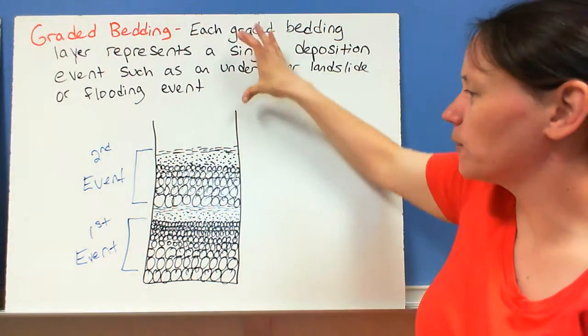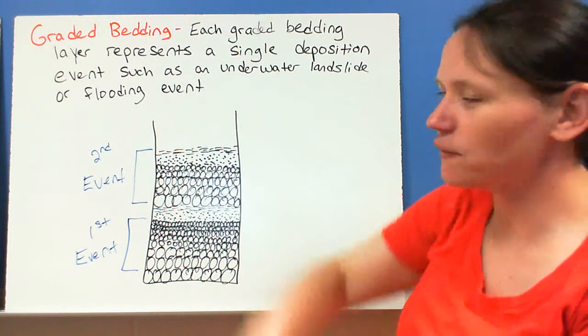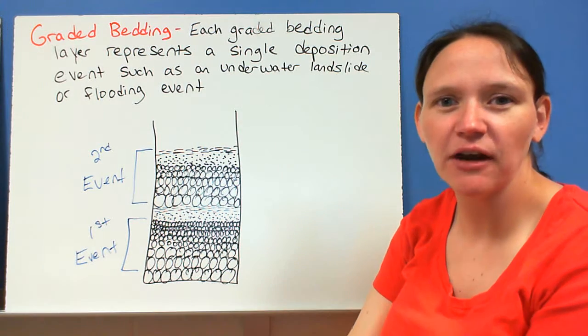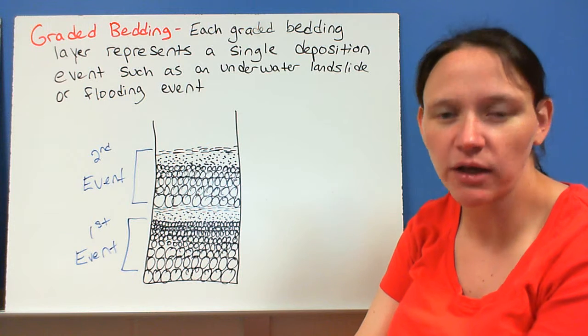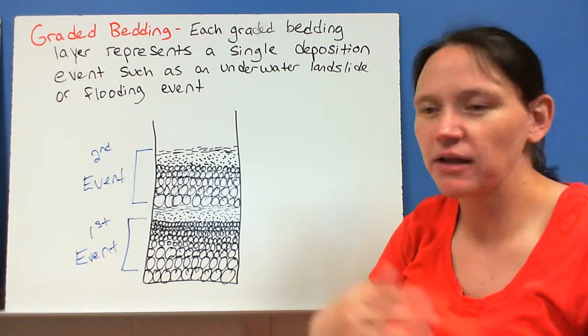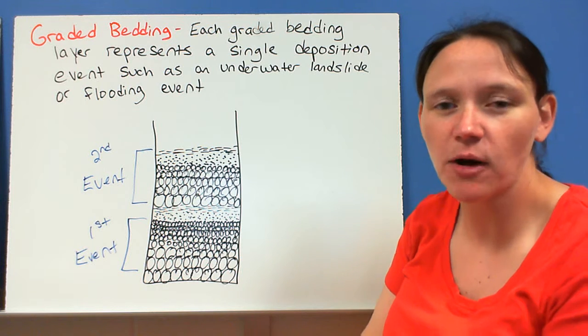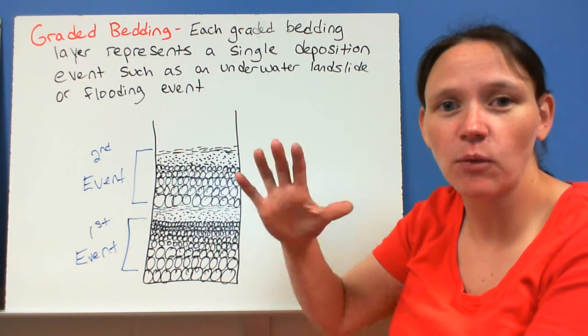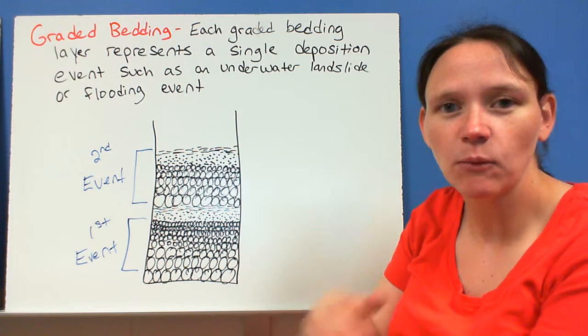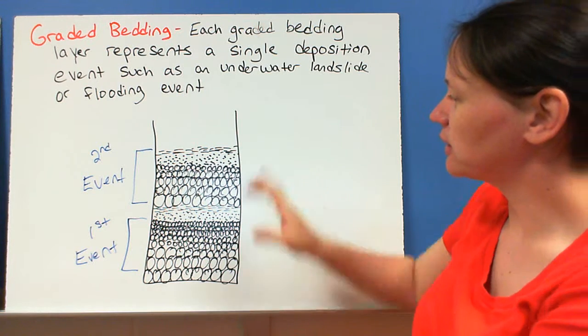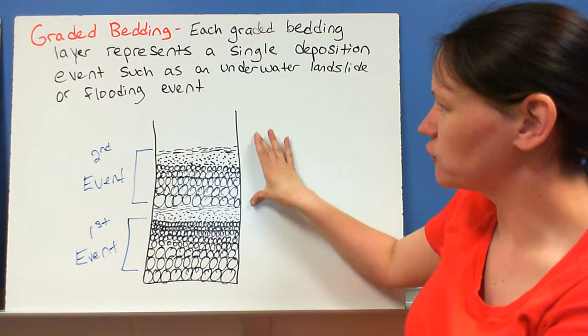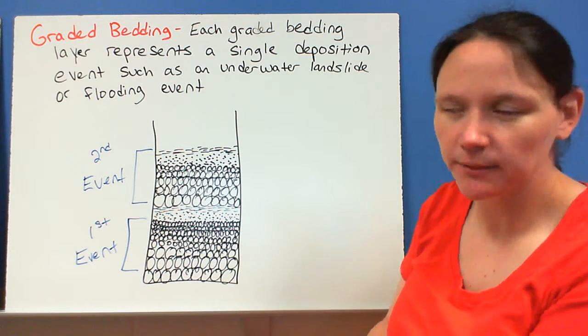And you can have multiple events all stacked on top of each other, especially if it's an area that is prone to flooding. When you have flooding, you've got very fast moving water that's moving lots of different sized particles, and then eventually that flood water is going to start to recede and the waters will slow down, and you'll get this graded bedding forming.